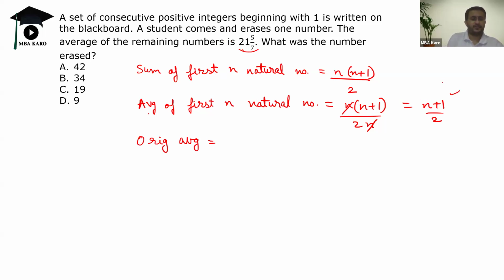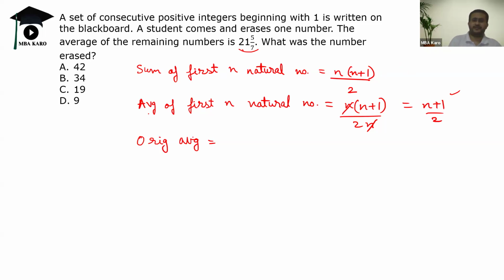First thing is this, you should know that the average of the first n natural numbers is n plus 1 by 2, right? So if you encounter these kinds of questions, that is the most important thing. Now, either the average will reduce if you remove a big number, or it will increase. Okay.